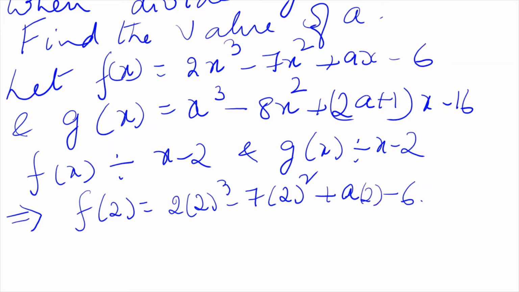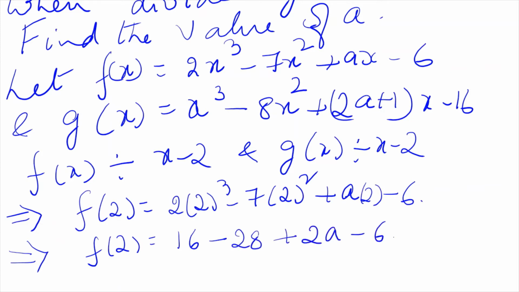So f of 2: 2 cube is 8, 8 twos are 16, minus 2 square is 4, 4 into 7 is 28, plus 2a minus 6.